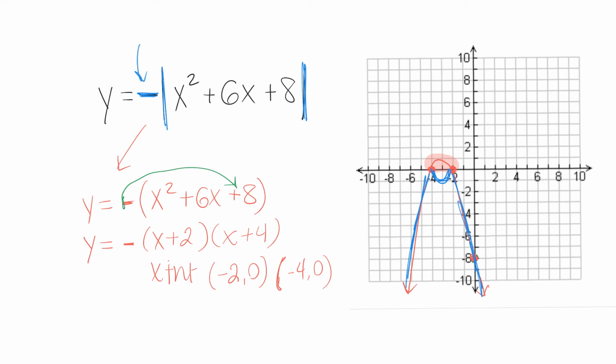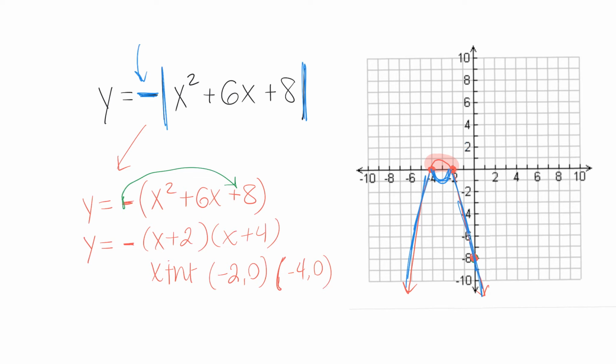That negative flips the whole thing upside down, so it's completely reversed. Does that make sense? I hope that makes sense. It's like saying that the absolute value of negative 8 is 8, and then we multiply that by negative 1, and 8 times the negative is negative 8. So just think of this negative sign as being a straight up reflection. It flips the whole graph completely upside down.